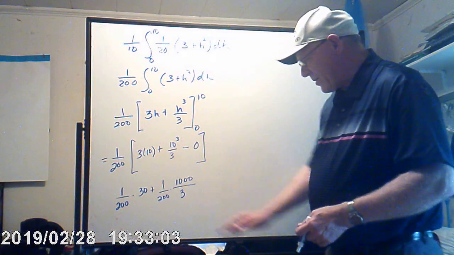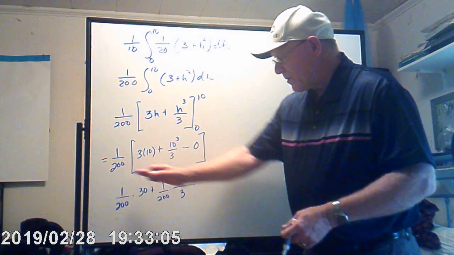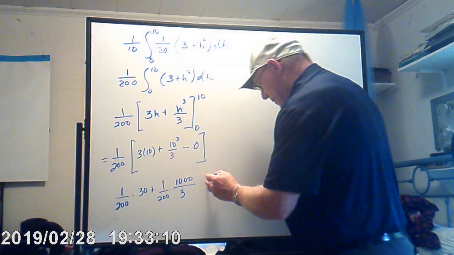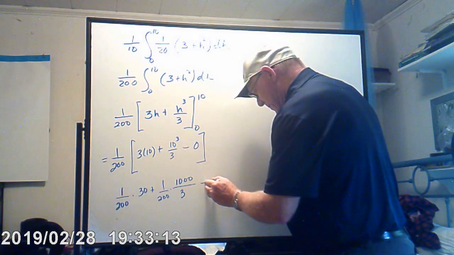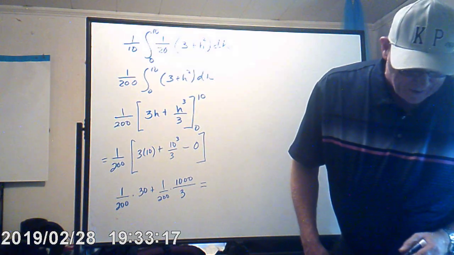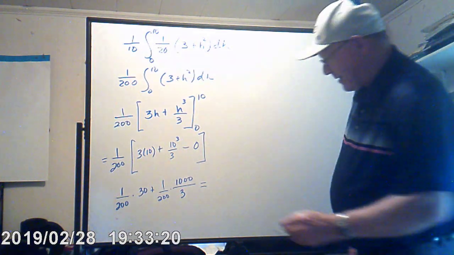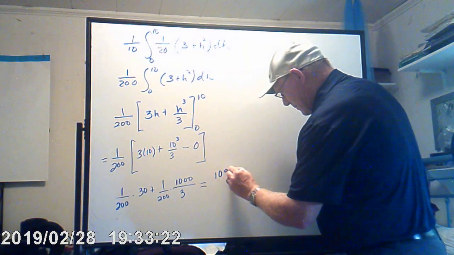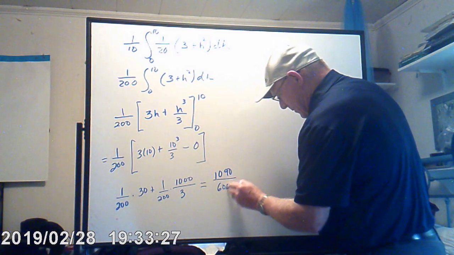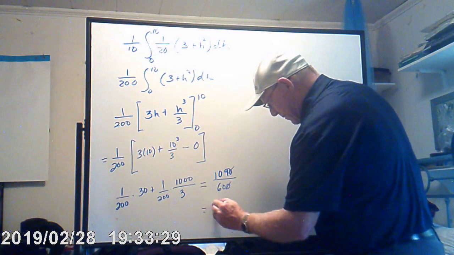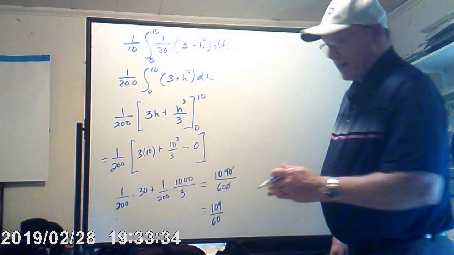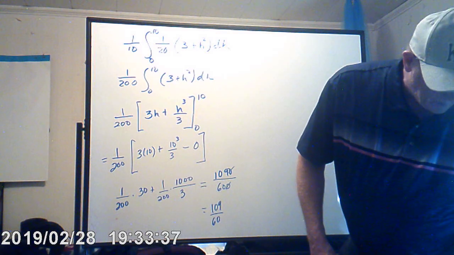Doing it by hand, I just distributed the 1 over 200 on both of these. And of course, your final answer is actually 1090 over 600. But then of course you can cross out a 0 at the end, so 109 over 60.